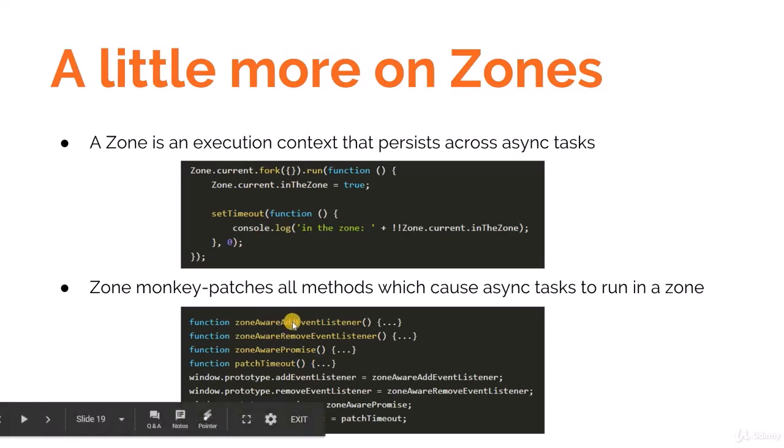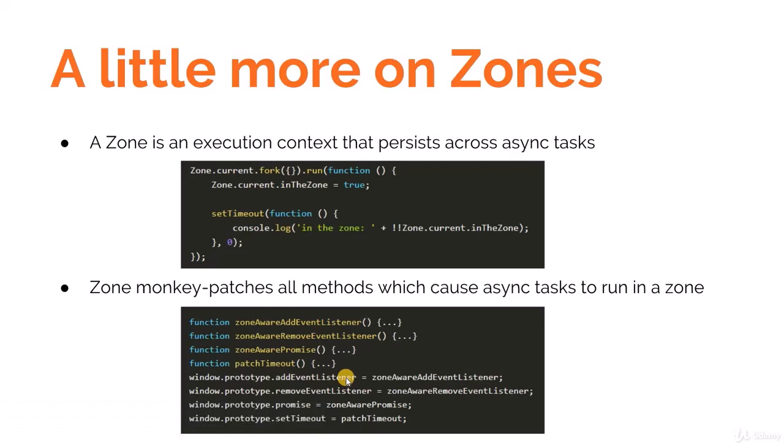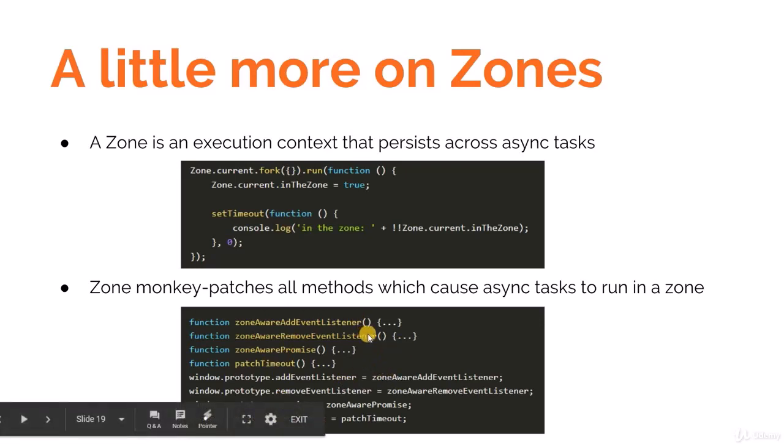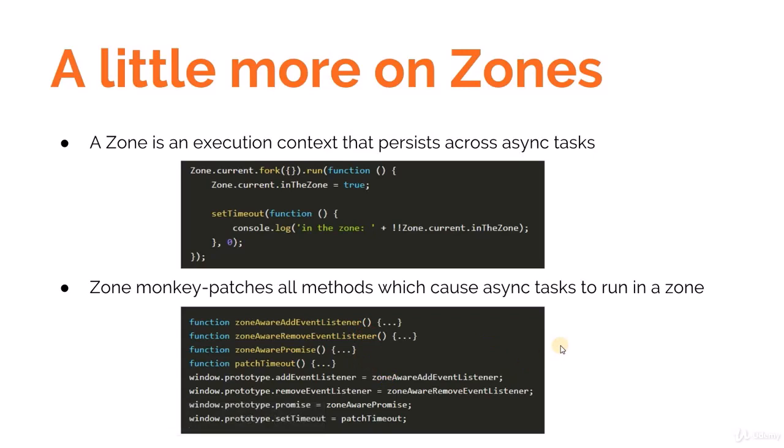So we are making these functions right here, and then we are assigning those functions to the actual functions that are going to be called whenever an asynchronous task is run. So this is the whole process of monkey patching the original asynchronous task handlers by the zone aware asynchronous task handlers.